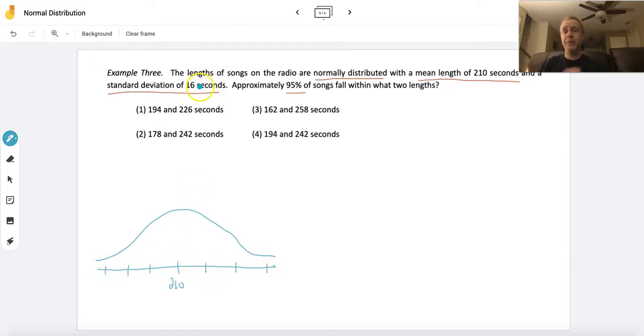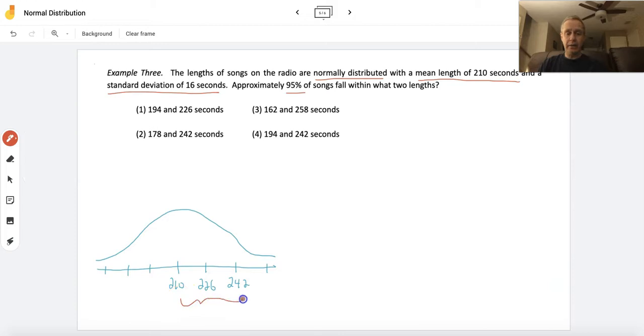In this problem, 1 standard deviation is 16. So going above our mean by increments of 16, the first increment should be at 226, which is 1 standard deviation above the mean. And the next increment, 16 more added to 226, gives us 242, which is 2 standard deviations above our mean.